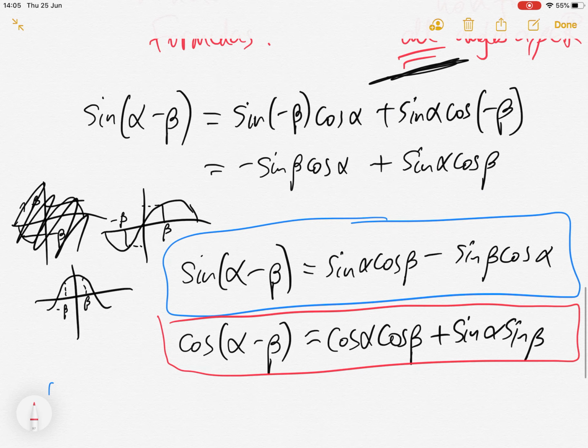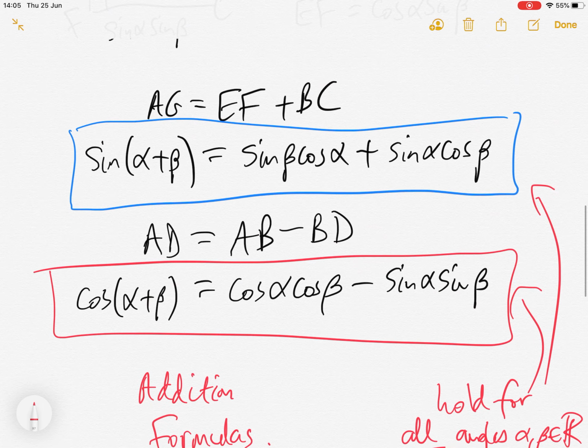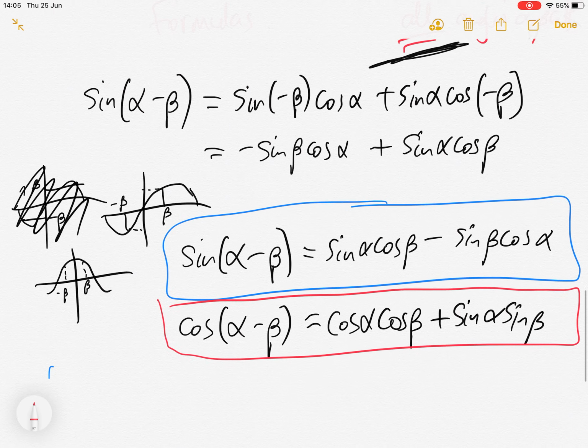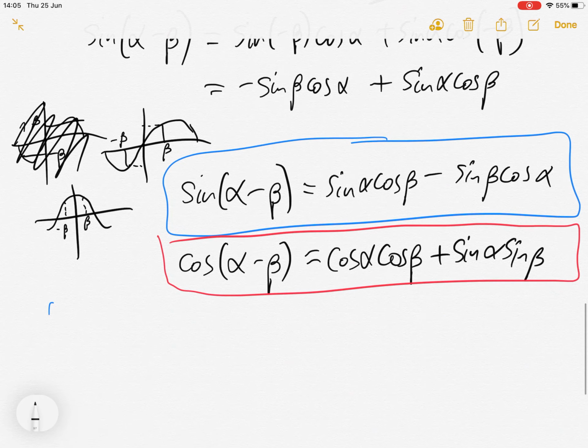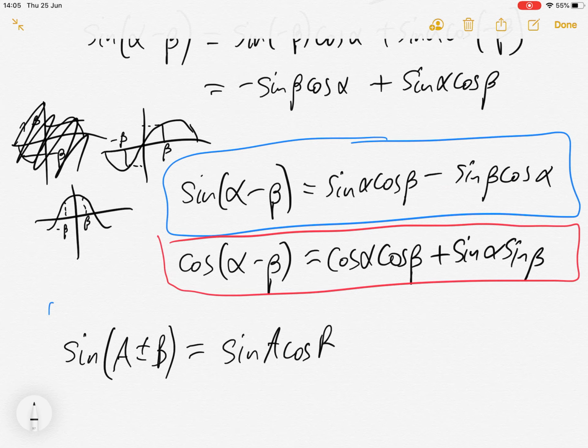Good news, all in the formula book. So these 4 formulas I put in boxes, red and blue boxes. They're all given in the exam. You don't have to learn them. The way it's written in the formula book is like this. I think they use maybe A and B in the formula book instead of alpha and beta, but they give it in this form. And obviously the plus at the top corresponds to the plus at the top, the minus corresponds to the minus.